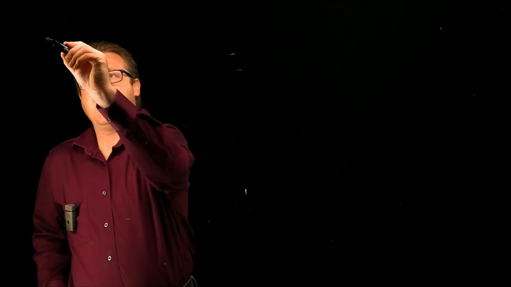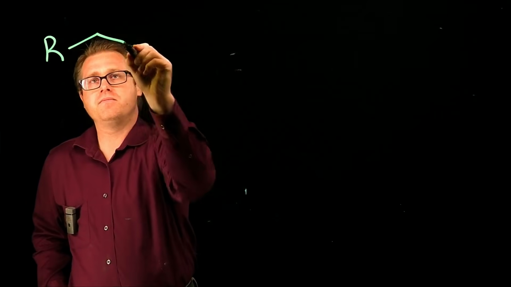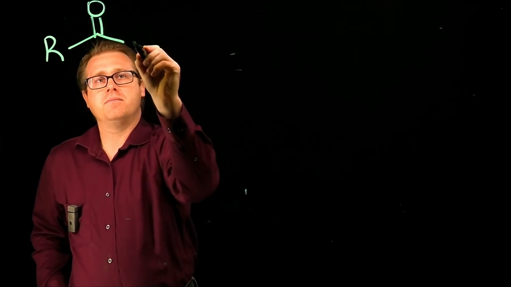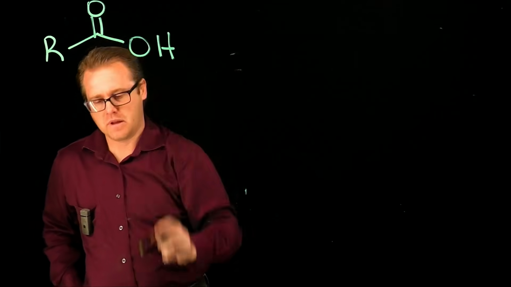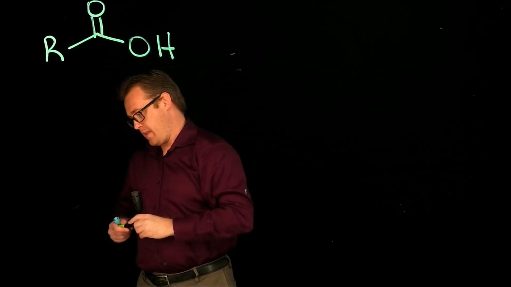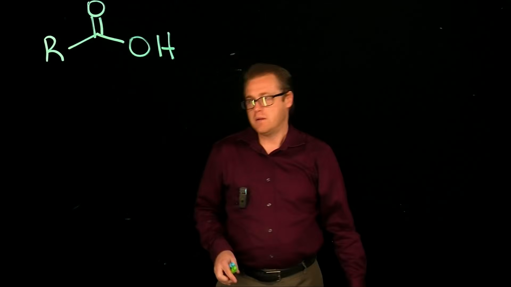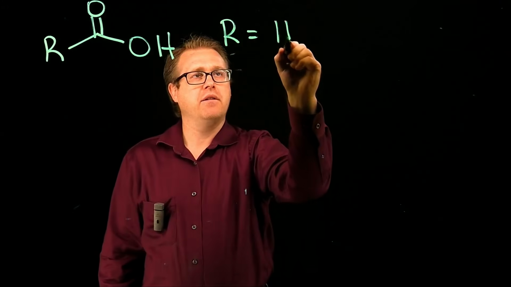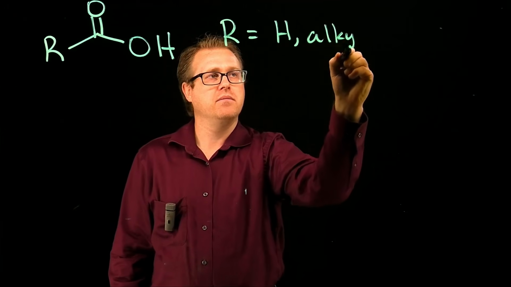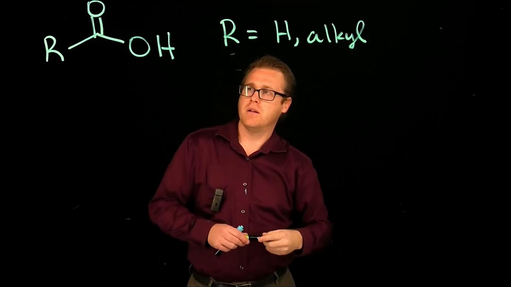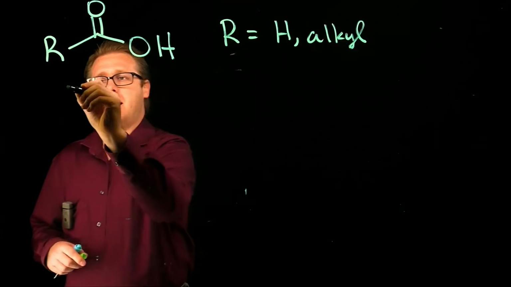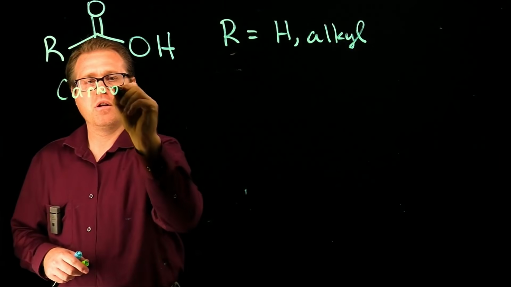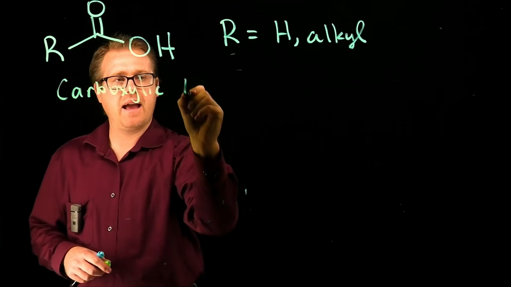A carboxylic acid has an R group like that. And the R group right here can be a hydrogen or alkyl. And so that is a carboxylic acid.